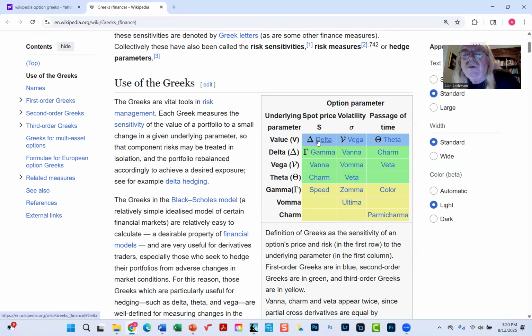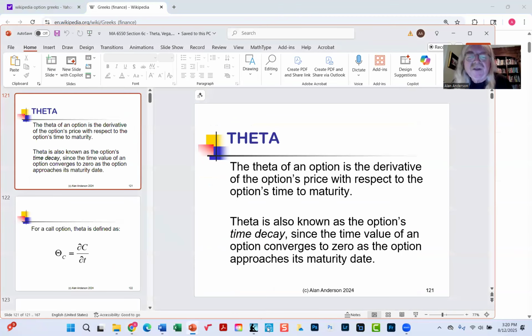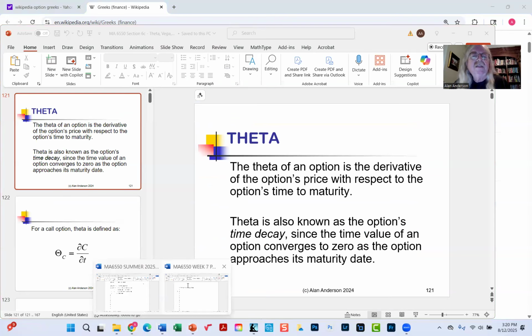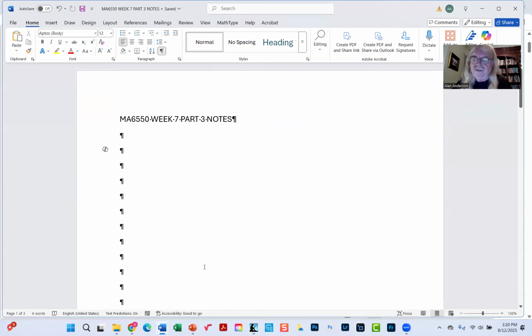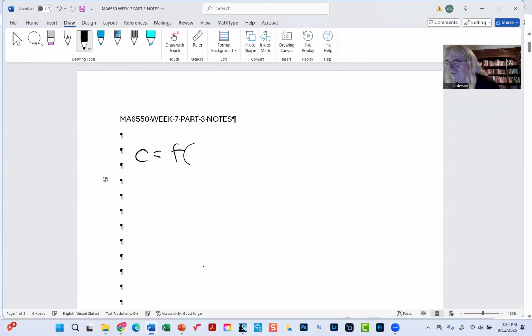The ones we're looking at are all either first or second derivatives of the options price with respect to the main factors that determine the price of an option, which if you remember, the big five variables we have are, let me write this down real fast. The call price is a function of the asset price, strike price, volatility, time, and the risk-free rate of interest.